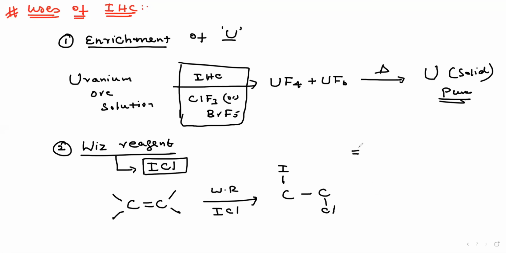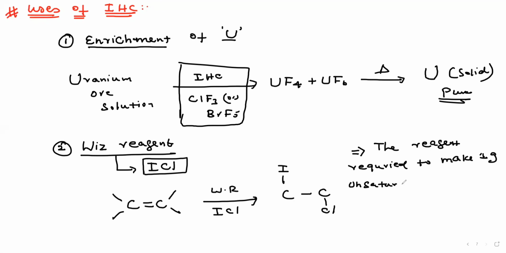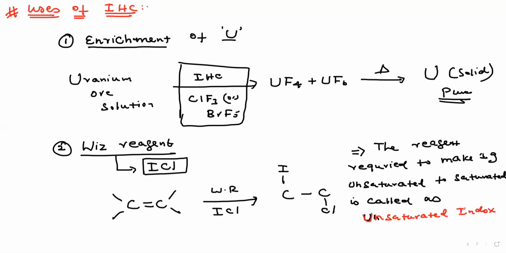Now, please note. This is an application of Woods reagent. Now I give the definition. Very important. The amount of reagent, Woods reagent, required to convert 1 gram of unsaturated compound to saturated is called the unsaturation index, or iodine value.